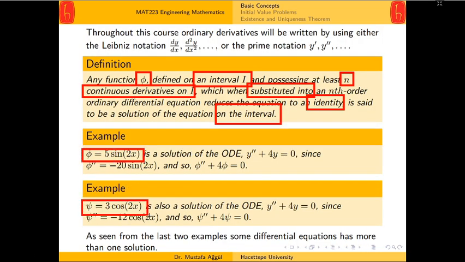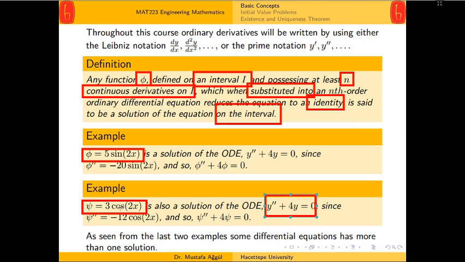Secondly, if we have phi is equal to 3 cosine 2x this time and work with the exact same differential equation, is this really a solution as well? So let's see. If we take the derivative, we will see negative 4 will come out, and we will have a negative 12 cosine 2x.